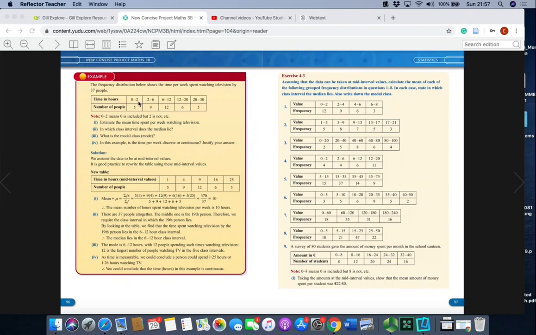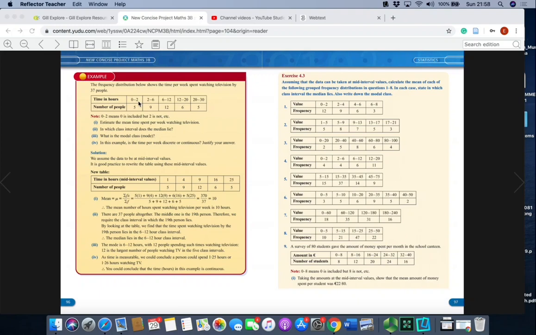So time in hours, and then the number of people. 0 to 2, 2 to 6, 6 to 12, 12 to 20, and 20 to 30.